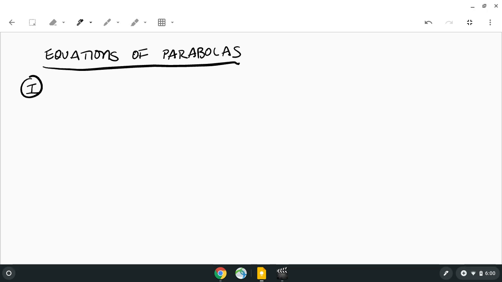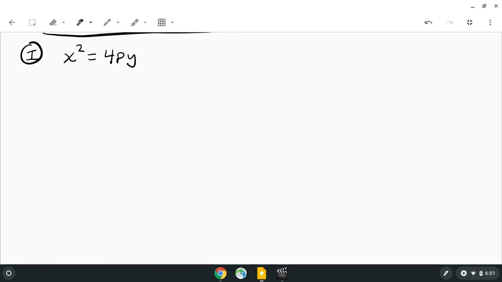So we're going to look at this form of the equation. When it's written in this form, we can tell a lot of things about it.